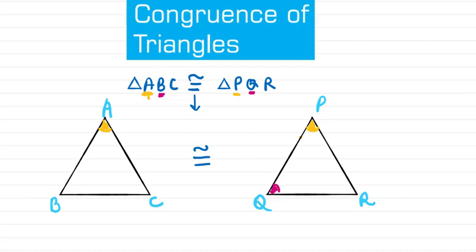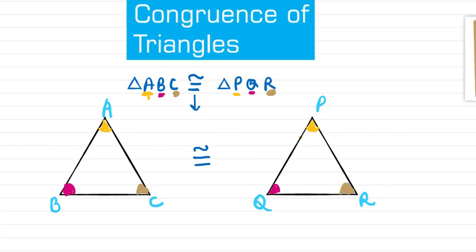So angle Q will be the same as angle B, and they are corresponding parts. In the same way, the third one, R will be equal to C, so angle C will be equal to angle R.